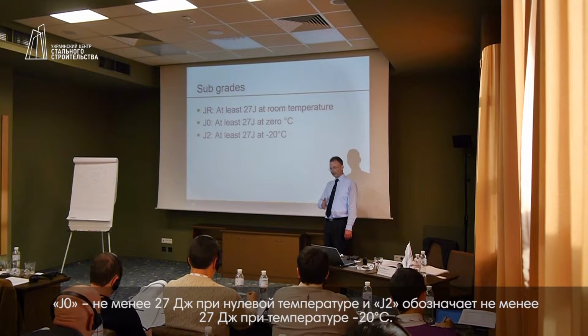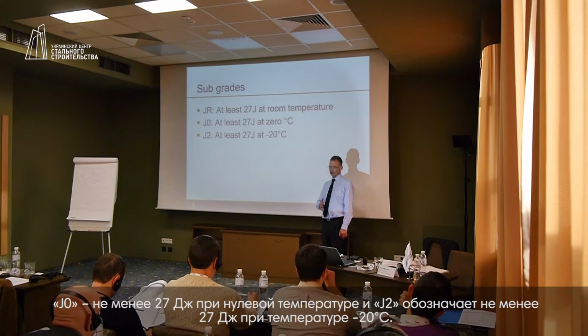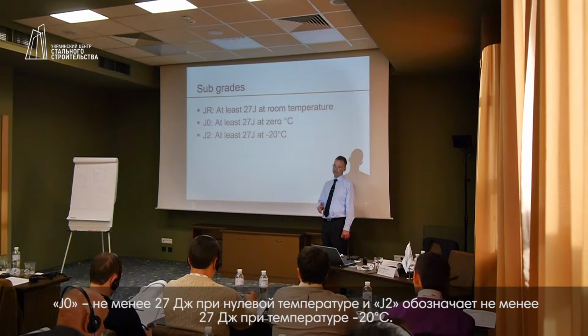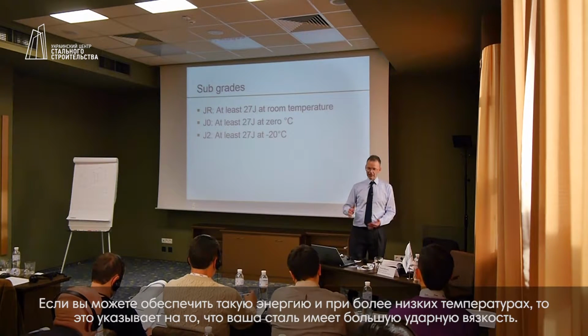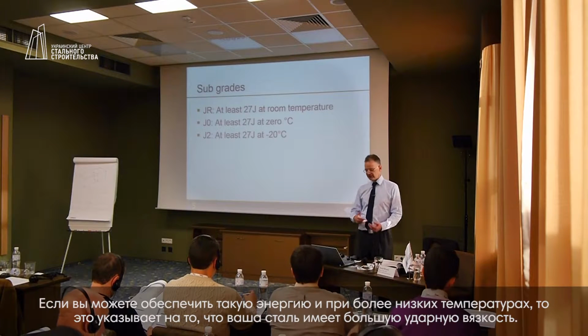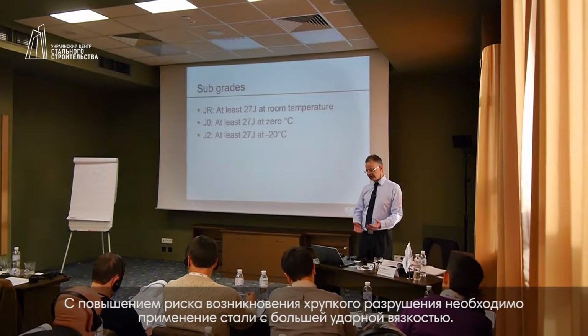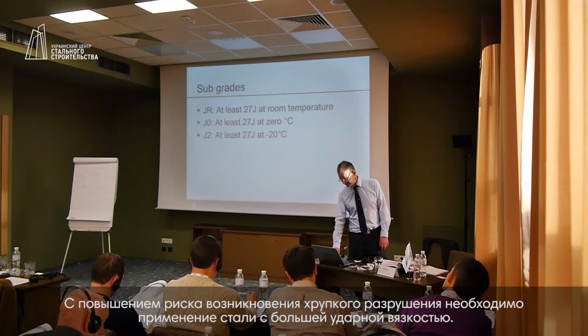J0 means at least 27 joules at 0 degrees. J2 means at least 27 joules at -20. So if you can achieve that sort of energy at lower and lower temperatures, it's an indicator of a tougher and tougher steel. And you will need a tougher steel if brittle fracture is likely.